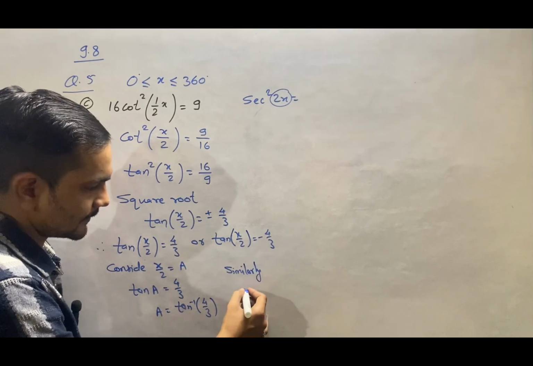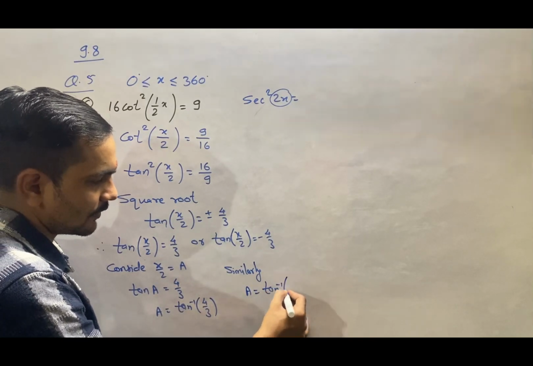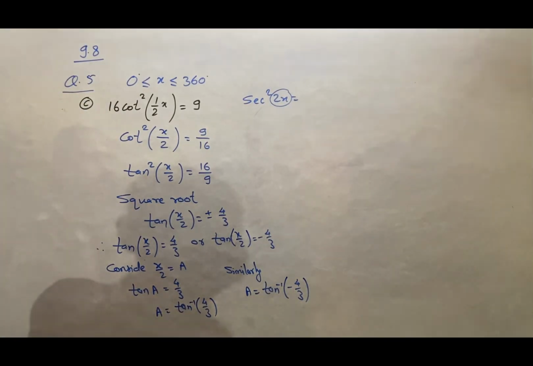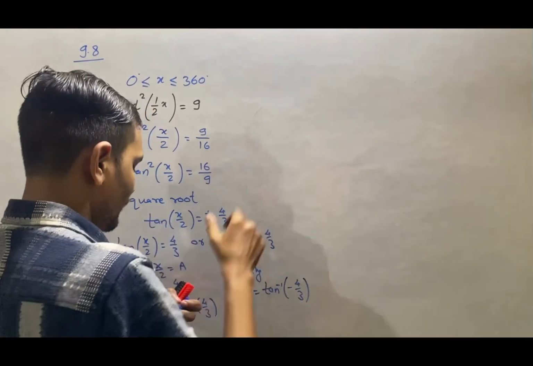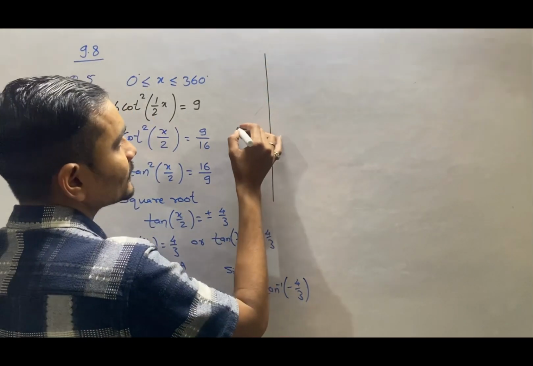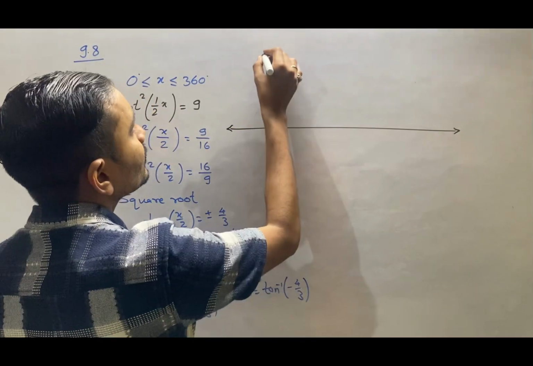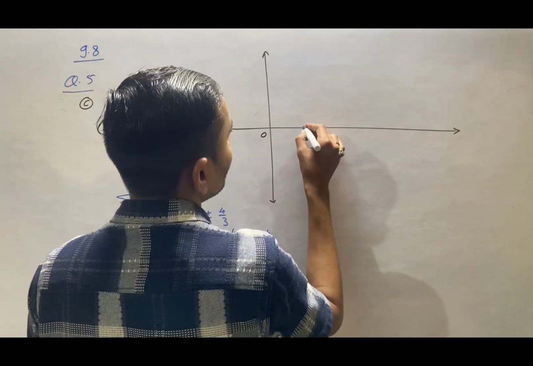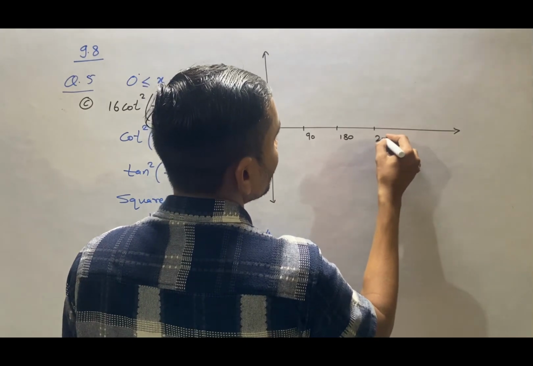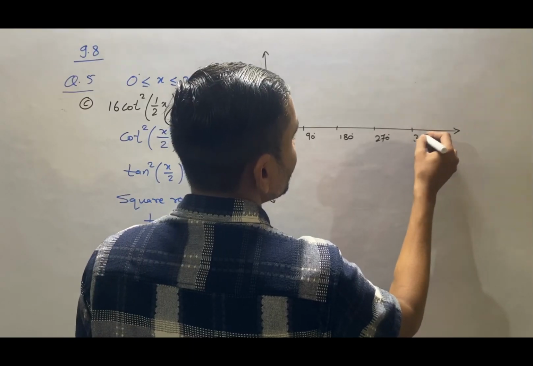and similarly a equals tan inverse of negative 4 over 3. So now we will draw a graph of tan x, with 0, 90, 180, 270, 360.